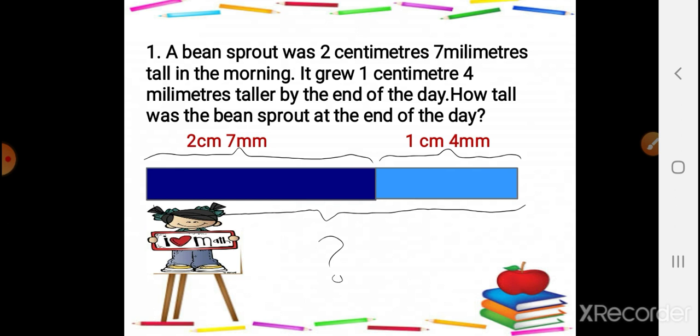So the first thing you need to do is draw a bar model. You can see that the bean sprout height in the morning was 2 centimeters and 7 millimeters, and it grew by the end of the day by 1 centimeter and 4 millimeters.